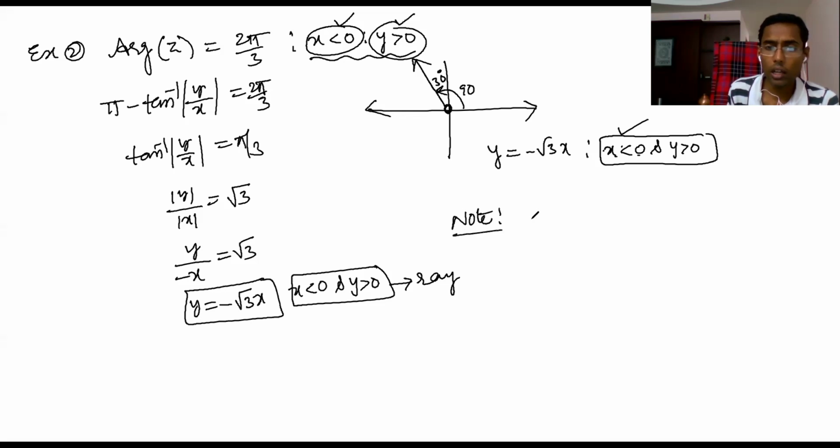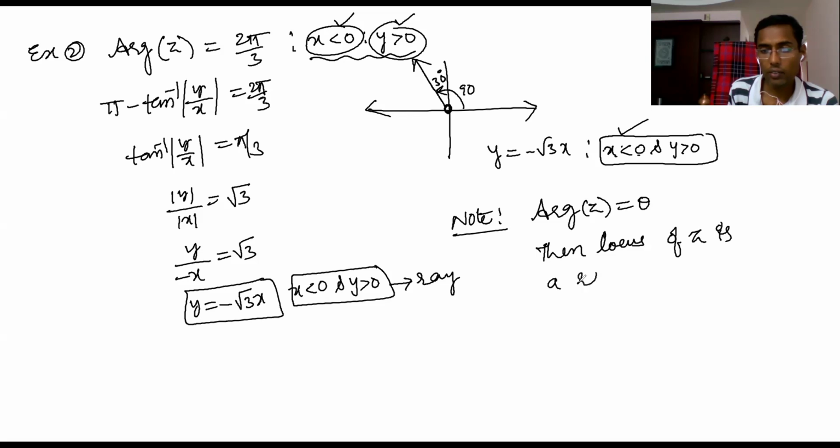Argument of z is some angle theta. Shows what? So then locus of z is a ray starting with what?